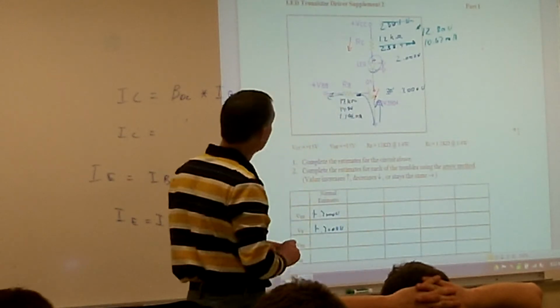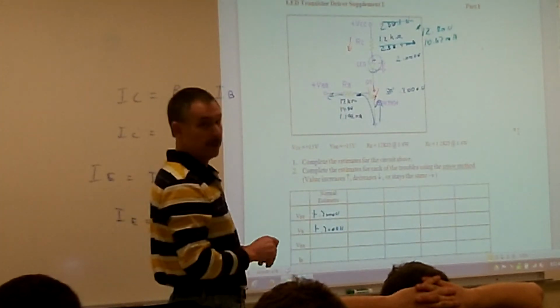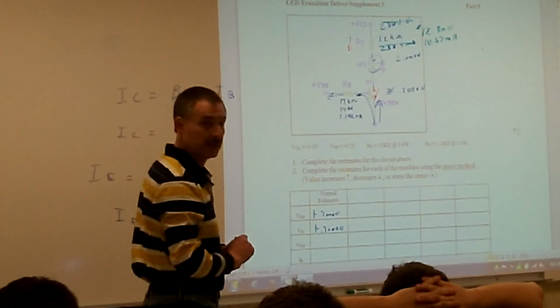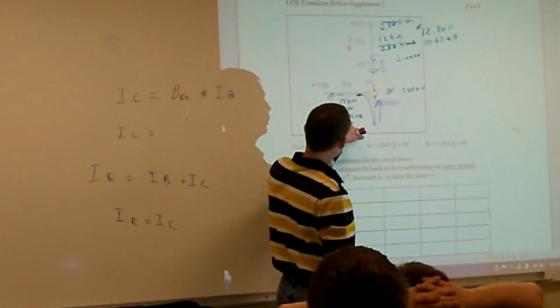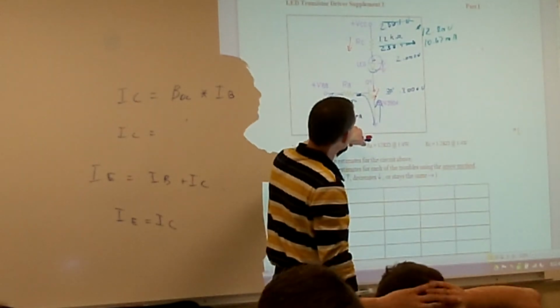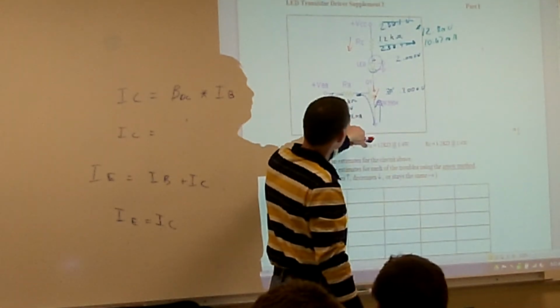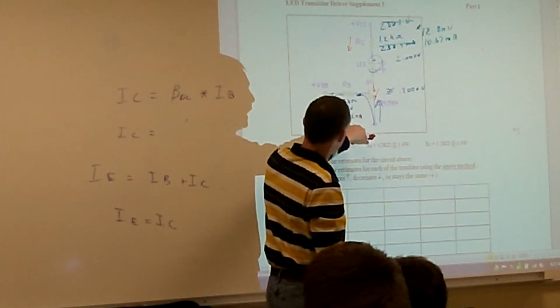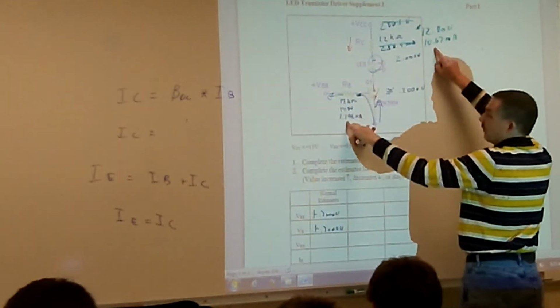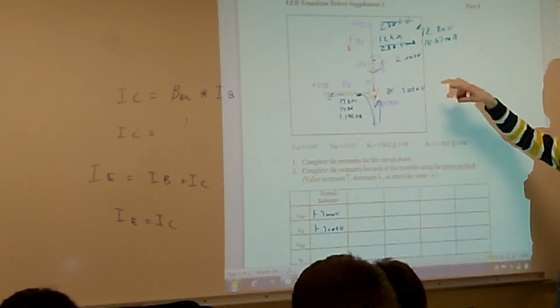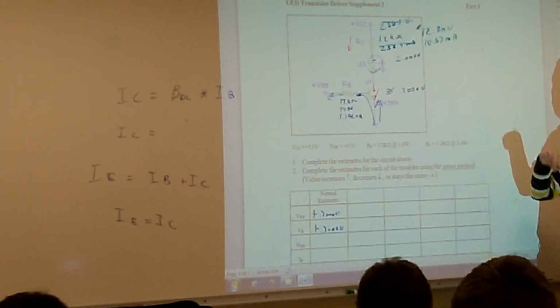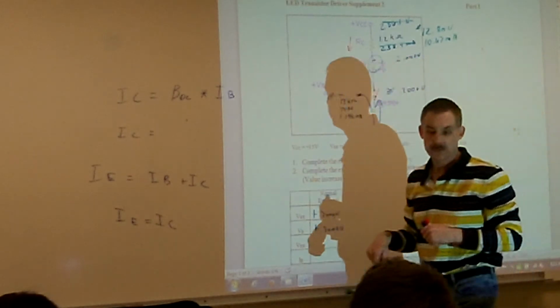And IE, right? The IE would be the same for approximations. Otherwise, on this one it is actually a noticeable difference, because IE would really equal 10.67 plus my 1.192 milliamps. So it would be a noticeable difference on this one, but for approximations, it would still be fine.